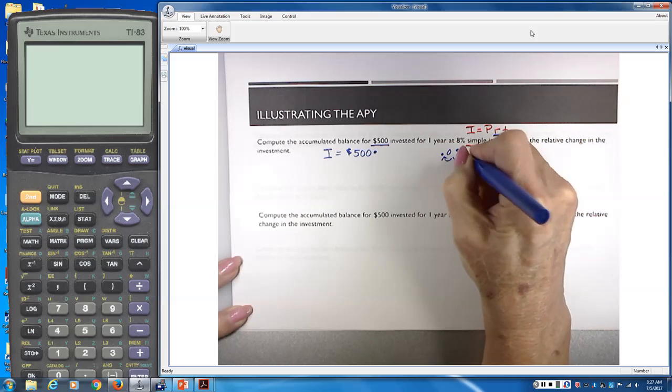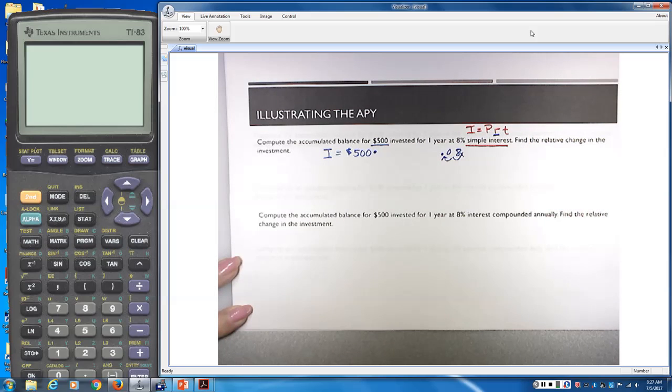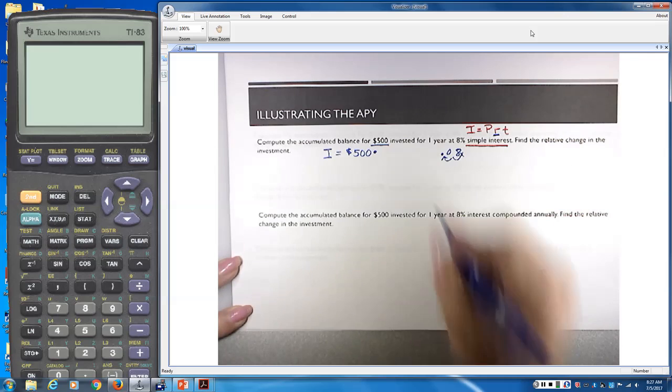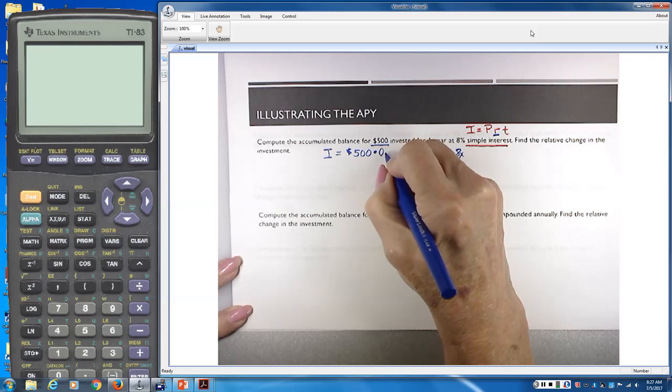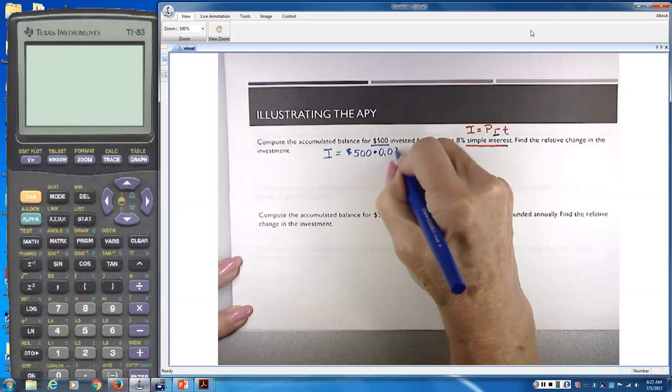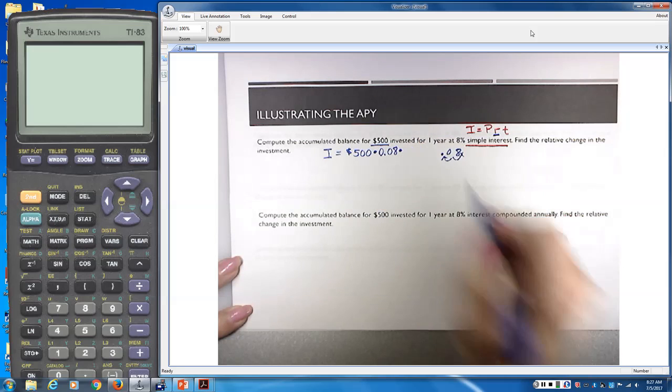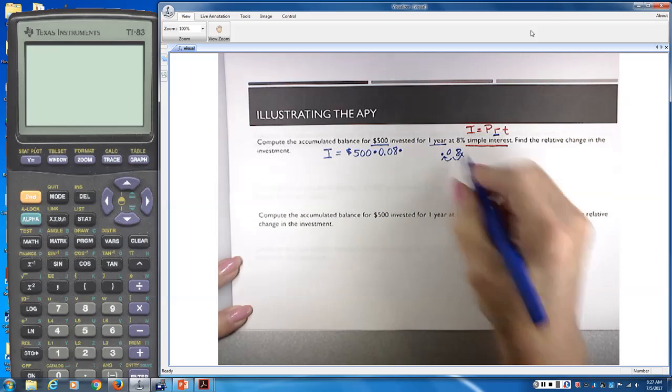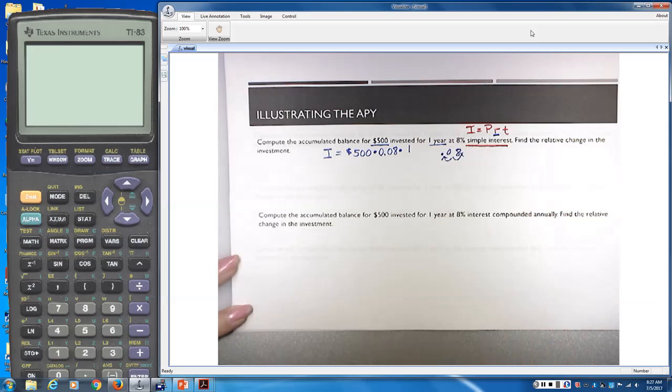Move the decimal from after the 8 two places to the left to make it 0.08. And then the time is 1 year. And the time is always in years, so that's just going to be 1.